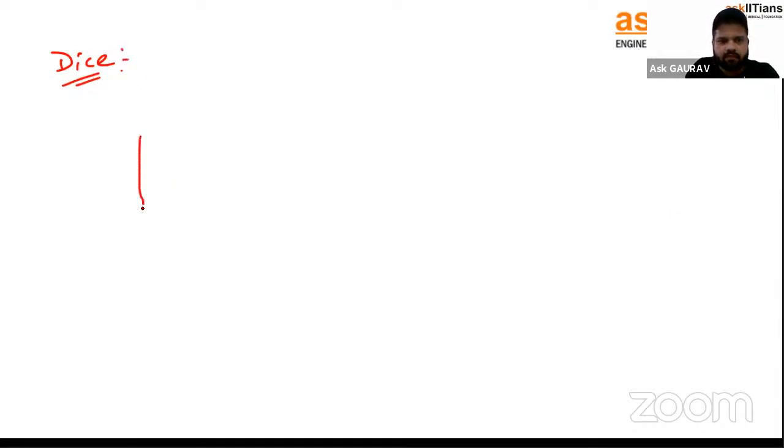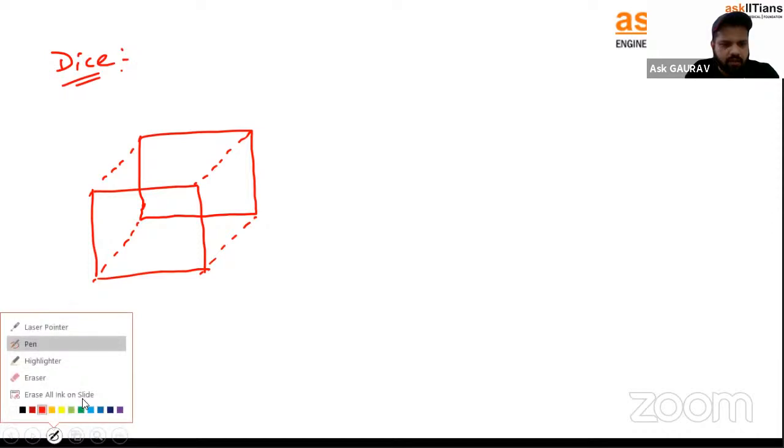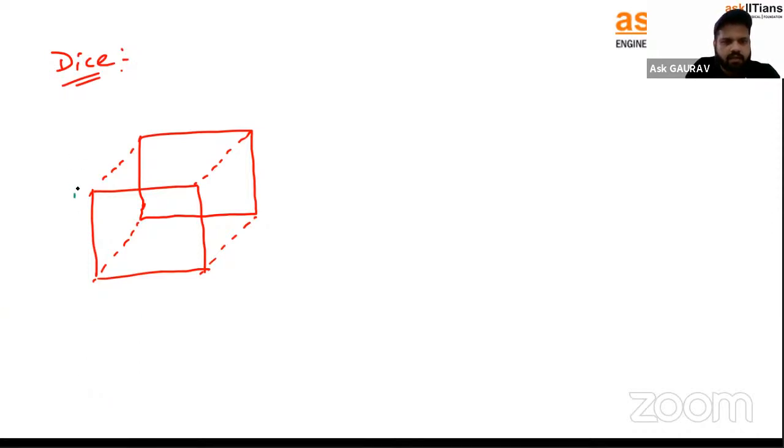If I make one cube, this is a cube, right? Let me name it: A, B, C, D, E, F, G, and H.